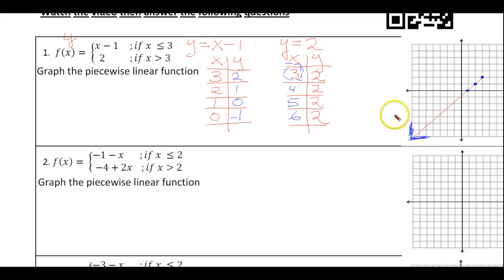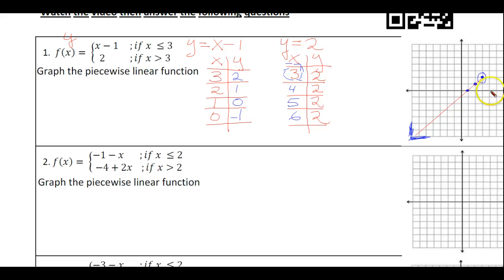So there's this line. So now we're going to plot this information here. Now 3 is not included in the set, so we're going to go 3, 2. So 1, 2, 3, 2. So in a sense, there's like a hollow right there for the first member of this line.